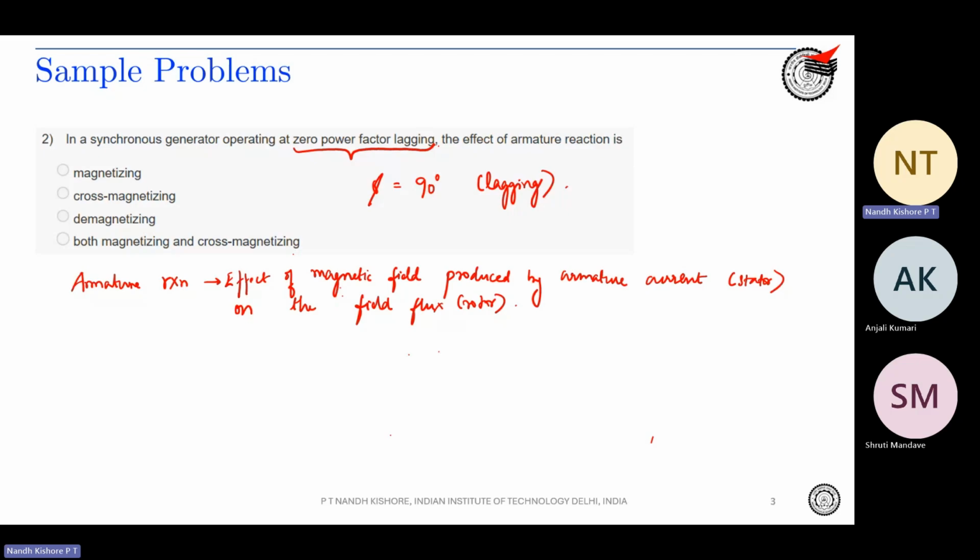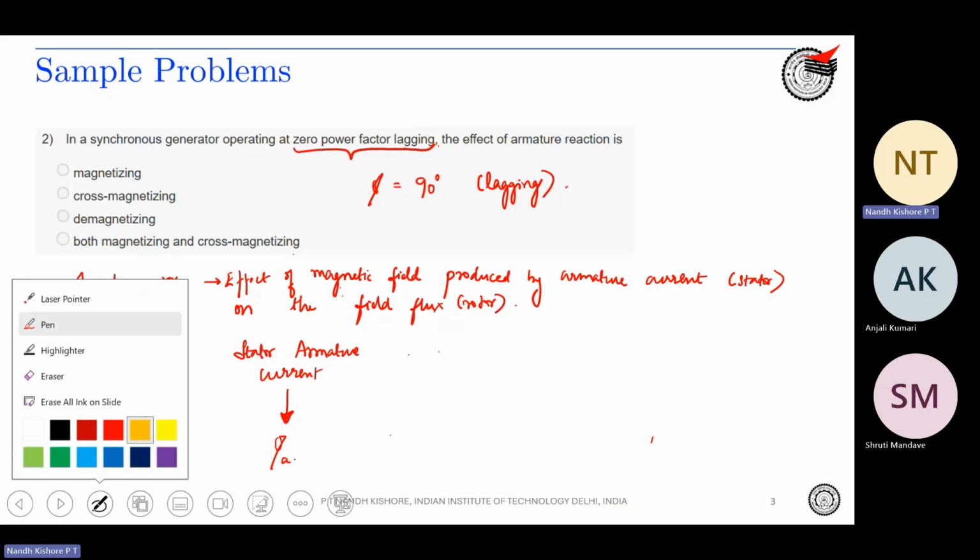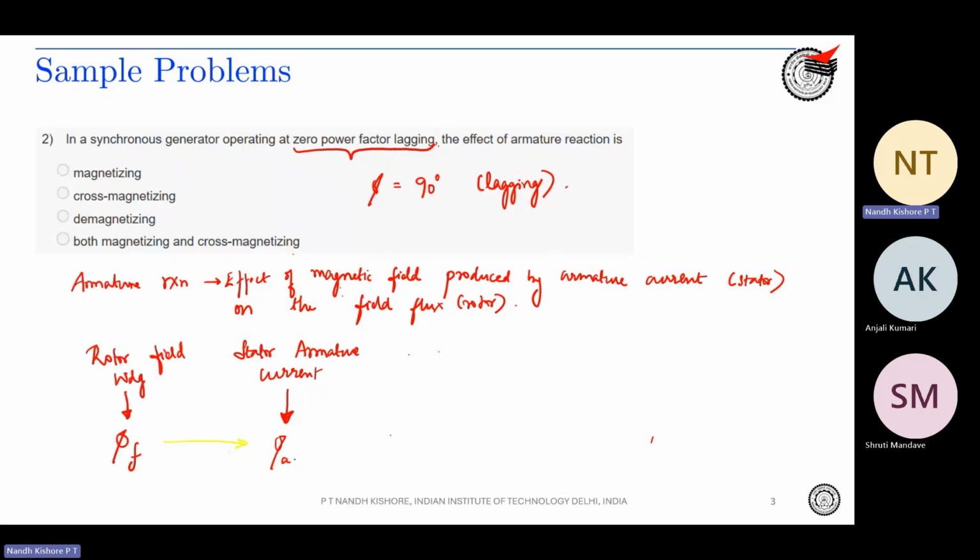You know that there are field windings on the rotor. Rotor field windings, let's say, generate a flux phi F, and your stator armature current produces a flux phi A. Now the point is phi F and phi A can interact with each other, correct?